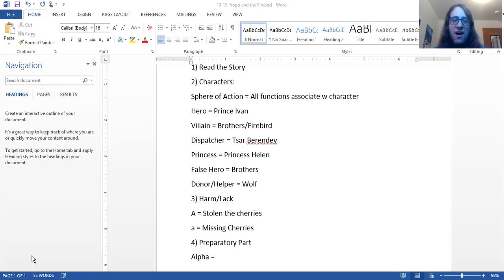For The Wizard of Oz, Dorothy lived with her aunt and uncle. Here the initial situation is: there was Tsar Berendey, who had three sons and a garden. That's kind of all we need there, I think.